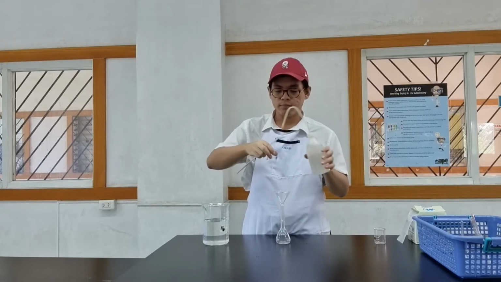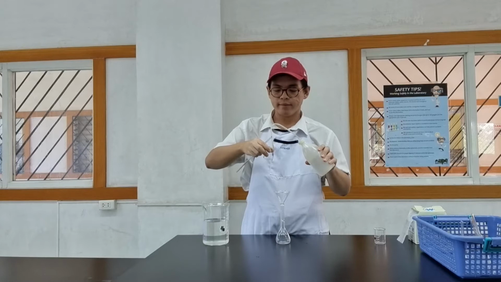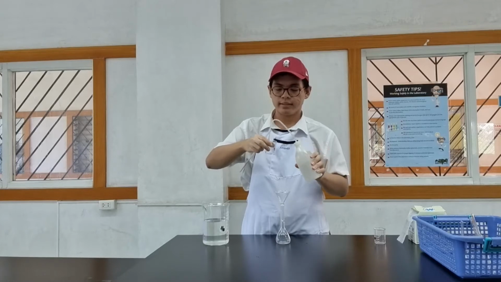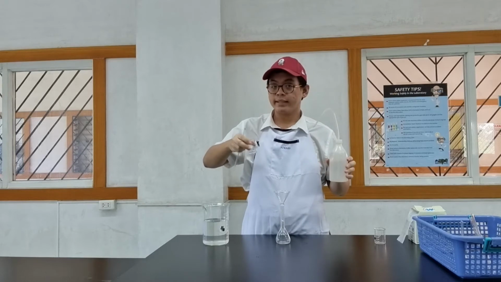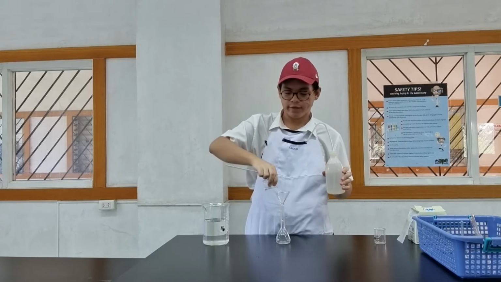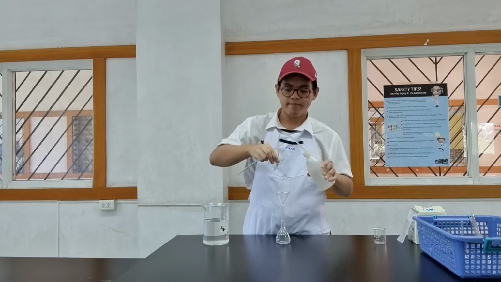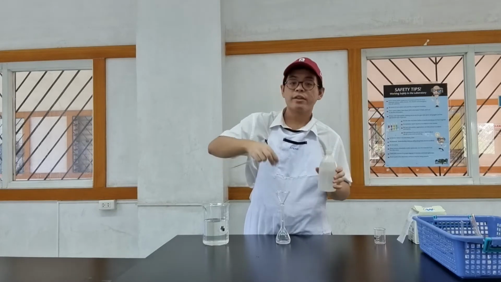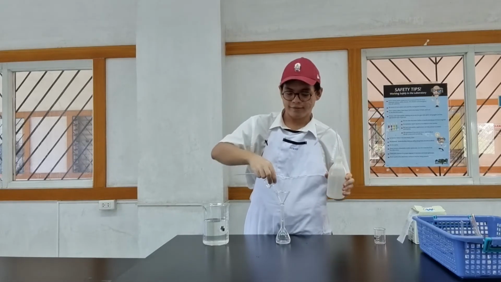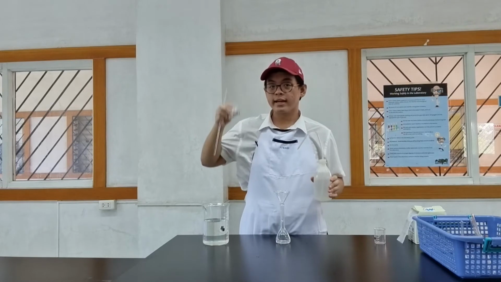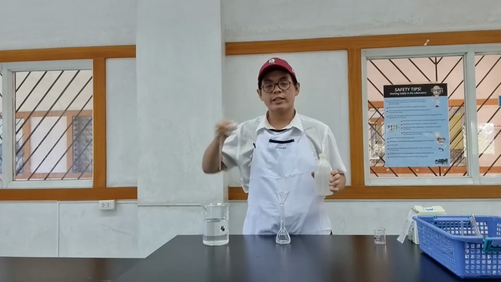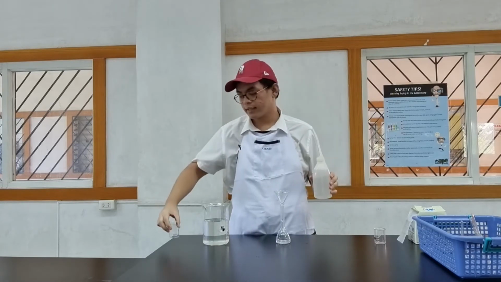So I'm taking my wash bottle, I'm rinsing the sides of the container, mixing it up, transferring. Rinsing it second time, shake, shake, transfer. Third time, shake, shake, transfer. All of the glucose inside the beaker should have already been transferred inside the volumetric flask.